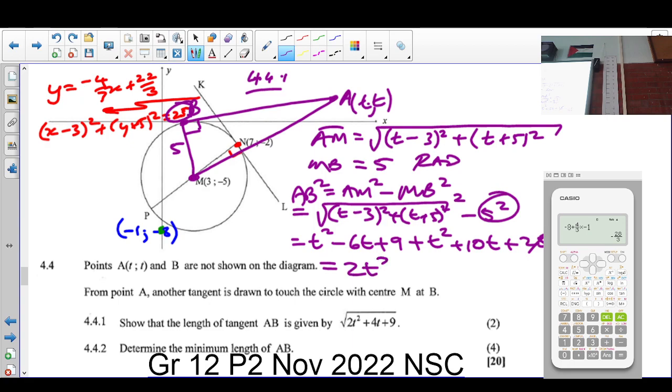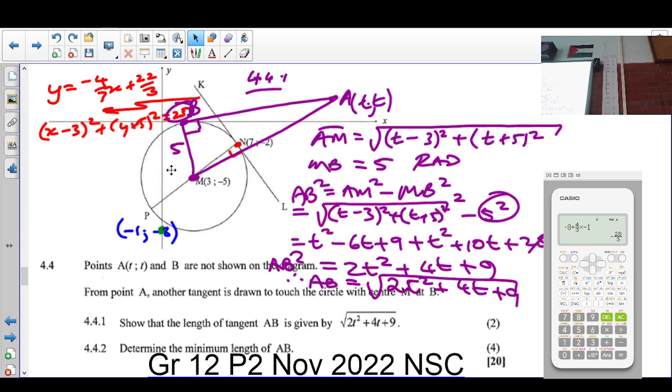So it's 2t squared plus 4t plus 9. So that is for AB squared. Can you see that, people? Therefore, AB is equal to the square root thereof, which is the square root of 2t squared plus 4t plus 9. Okay. So they have just proven that AB can be written as that.